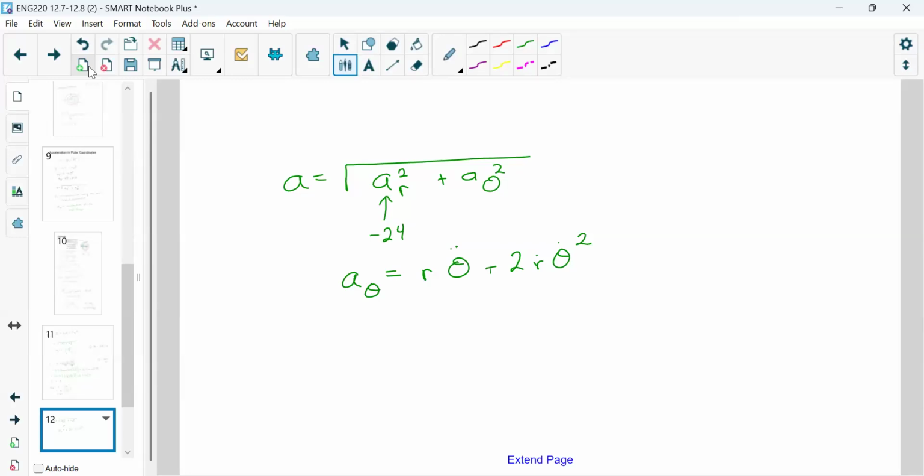I'm getting really confused on the difference between theta double dot and a sub theta. Is theta double dot like radians acceleration, and then a sub theta is your standard meters per second squared? Yes. Well, no, a sub theta won't be in meters per second squared, it'll be feet per second squared.